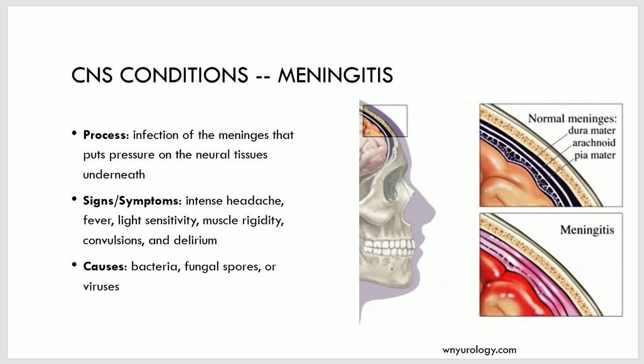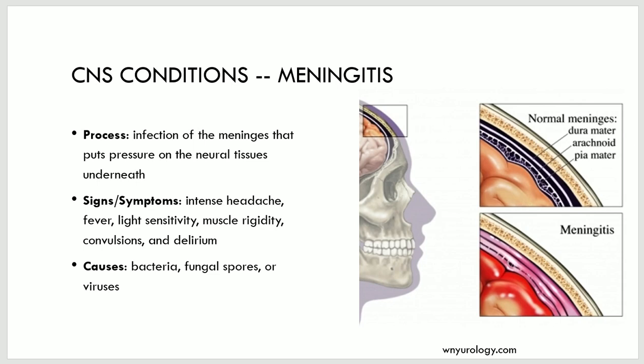The only one on this list that isn't from that pressure is fever. Fever is associated with infection, so it's not necessarily because there's more pressure on the brain and spinal cord. Fever is there because there's inflammation causing this meningitis.